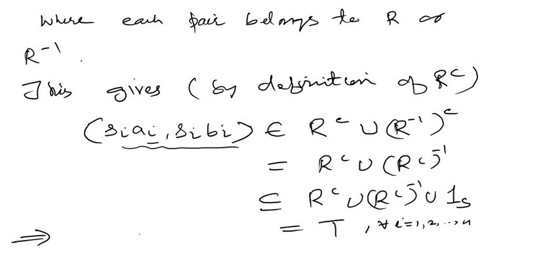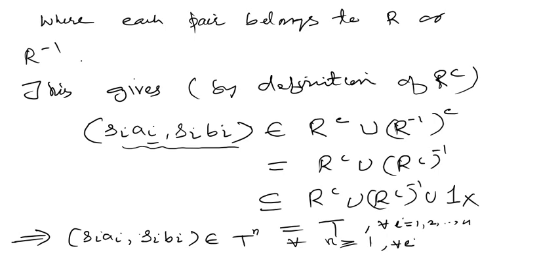Okay, it's I_X, yes, you are right. Please look at this carefully. It's I_X, the relation on X. So this implies (s_i a_i, s_i b_i) belongs to T^n for all n greater than or equal to 1, and for all i equal to 1 up to n.